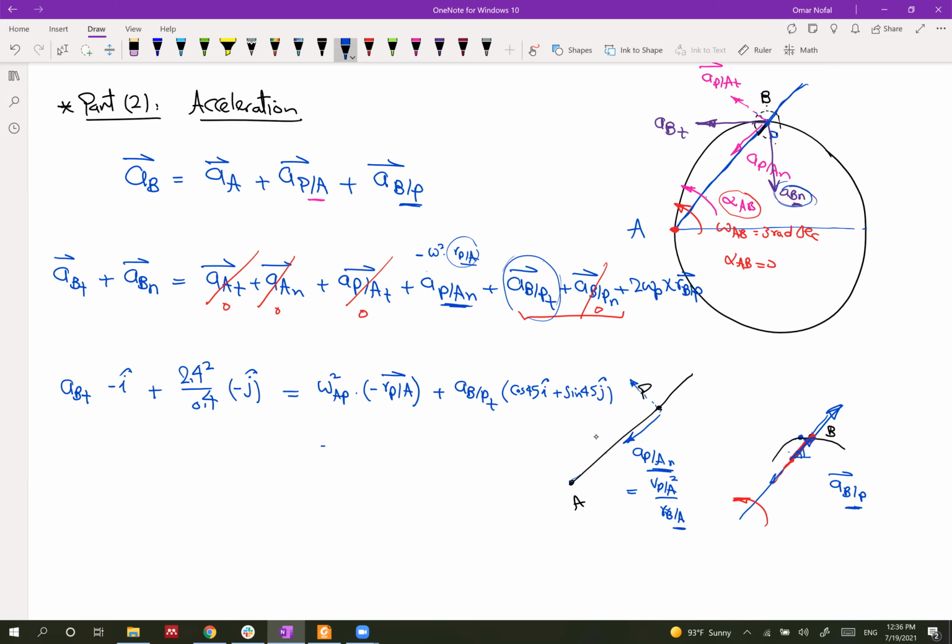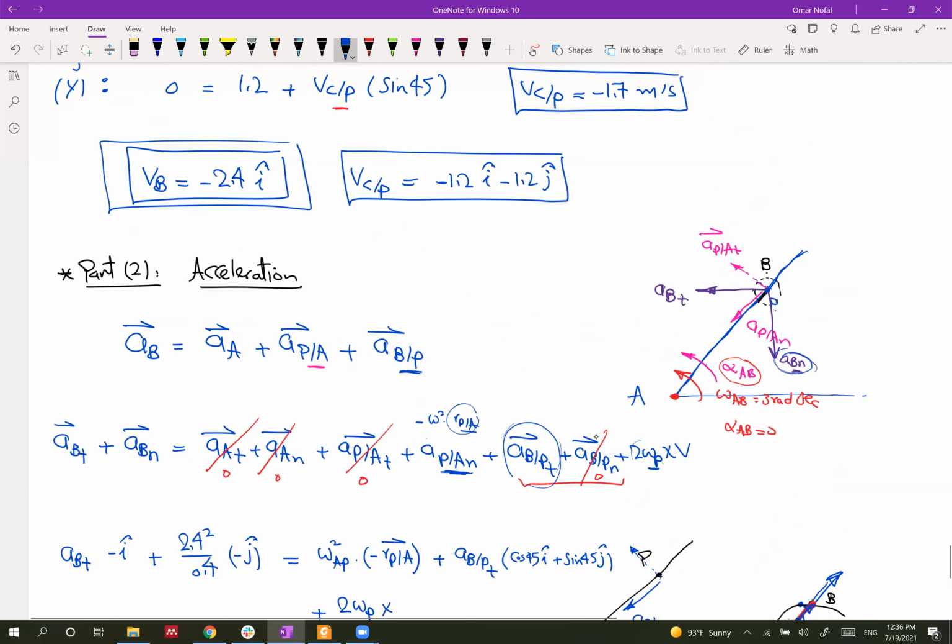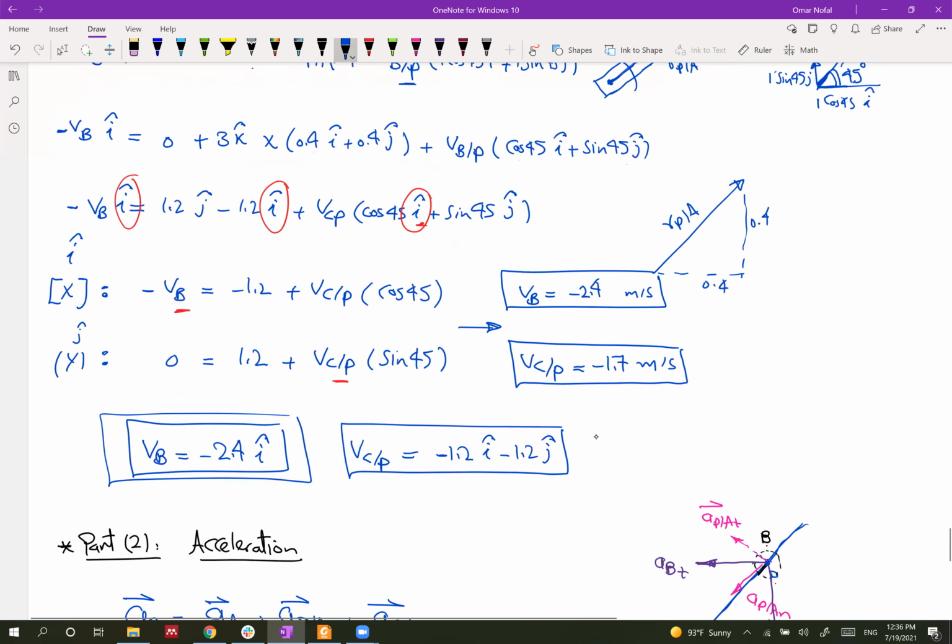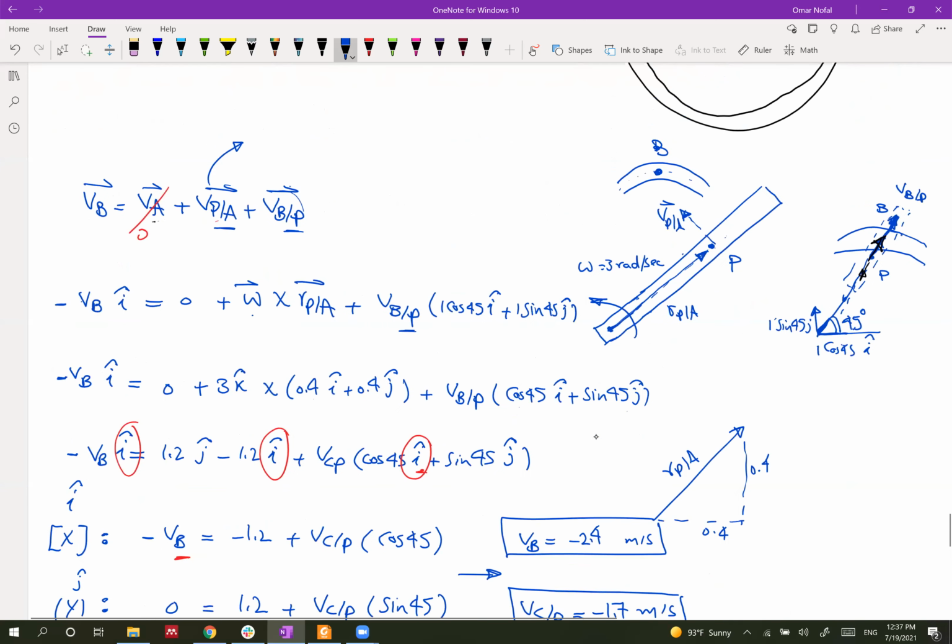Okay, so this is for this term, plus 2 omega P crossed by RB with respect to B. Oh, this is not R, this should be V. Let's see what I wrote from before. Oh yeah, this should be a velocity.